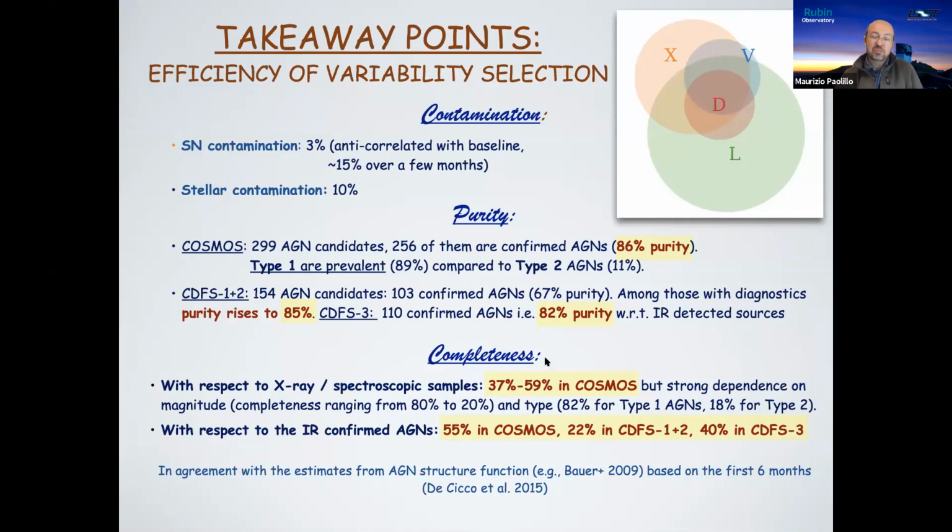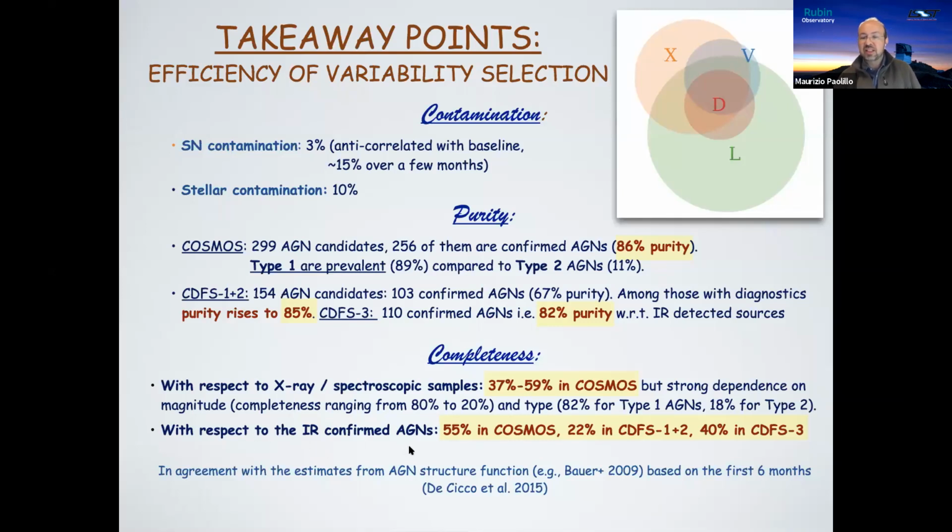with respect to X-ray or spectroscopically selected samples. So we're still missing more than half of the sources. And there is a strong dependence in part on magnitude and on the type of AGN. In our survey, in these cases, you mainly retrieve type 1 AGN, and you're much more limited in type 2, which are a fraction, about 20%, between 10 and 20% of type 2s.